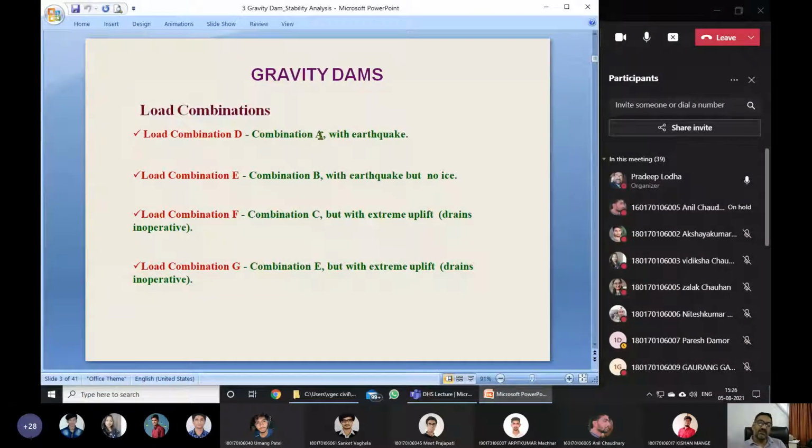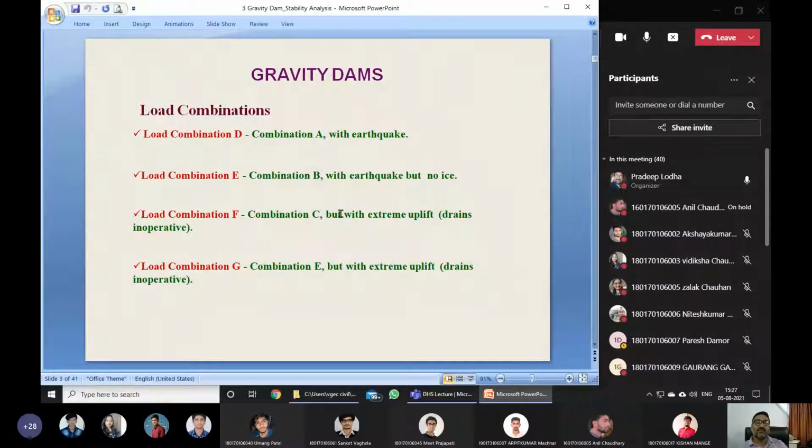Sometimes load combination D, if the location of the dam is in zone 5 of earthquake, as we have seen that certain parts like Bhuj and other areas fall into these more severe earthquake-prone areas. So combination A during construction, we take care of the earthquake waves too.